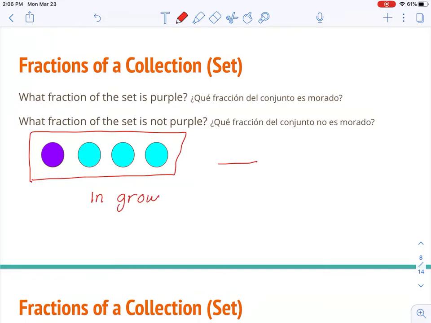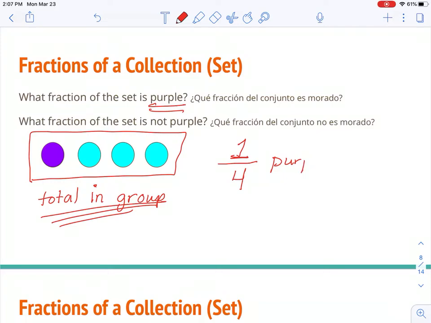The total in the group is the first thing I need to think about. And this is going to become my bottom number. So there are 4 in the group. Okay? Now, how many of them are purple? That's the question. So that's going to be my numerator for the first answer. So 1 out of 4 are purple. So 1/4 of the set is purple.